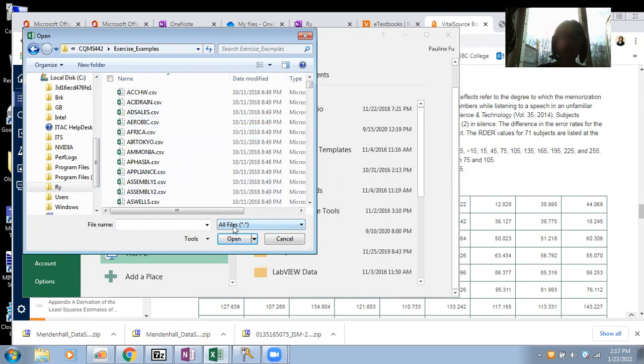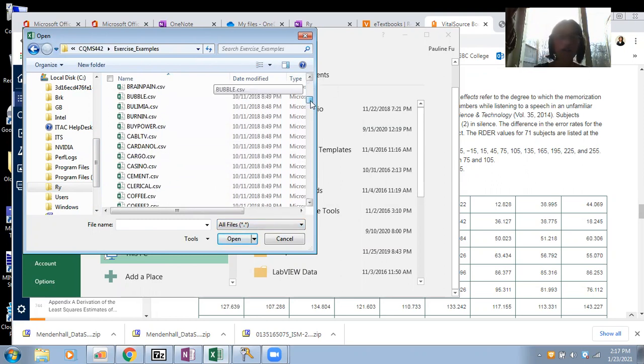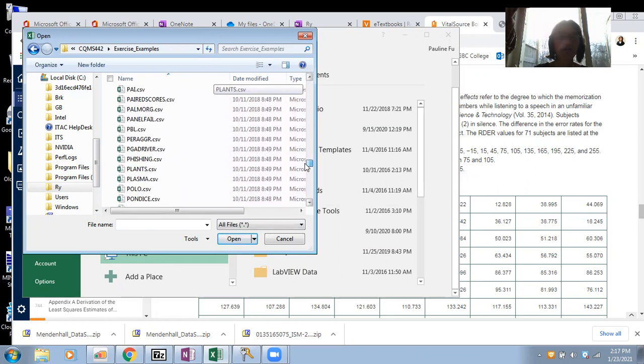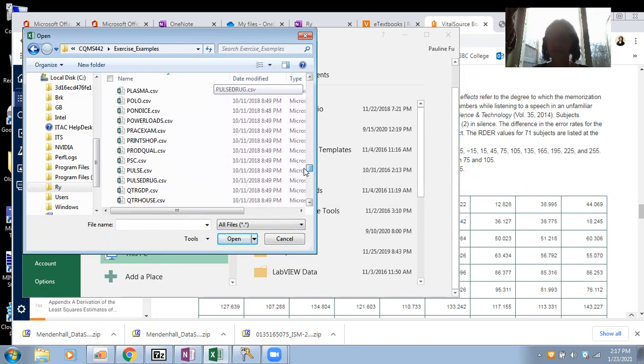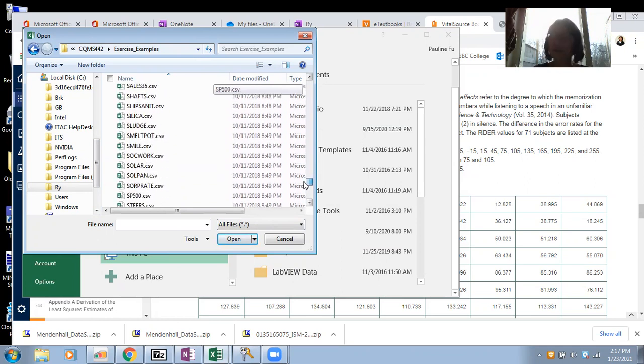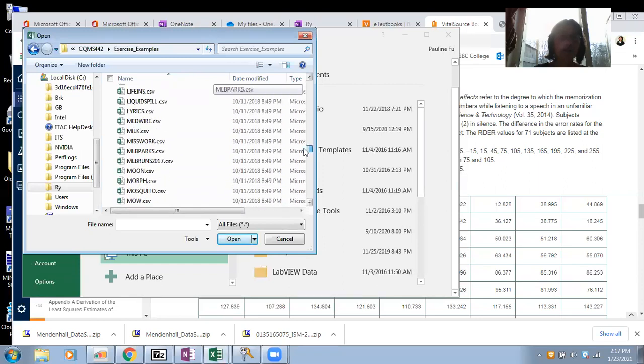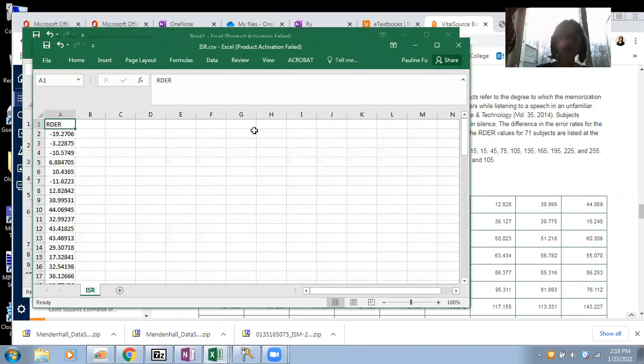So this is all files. The file name is ISR. This is alphabetically ordered. ISR, this one here. Okay, so I'll click open. And then I will save this file as an Excel file. The data file, originally it is a CSV file.